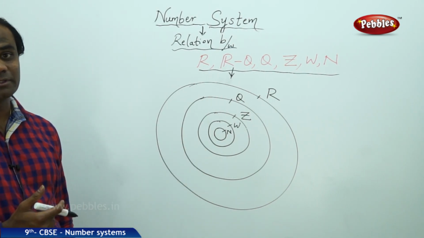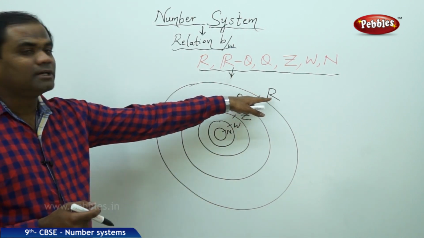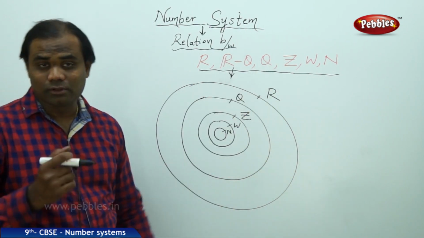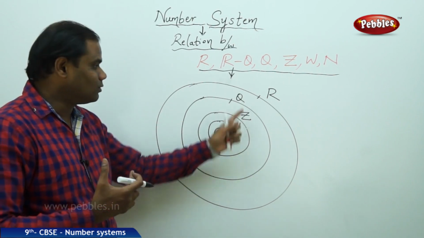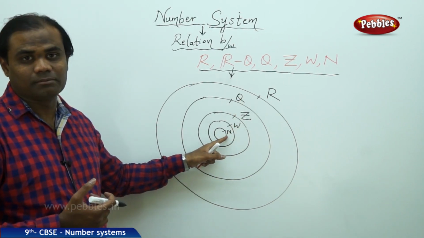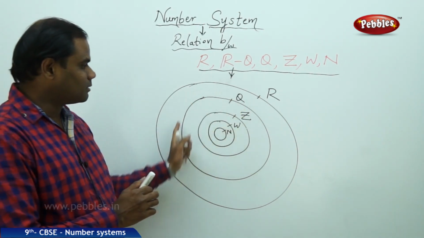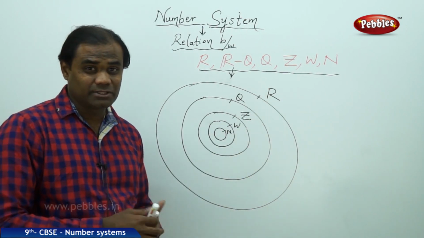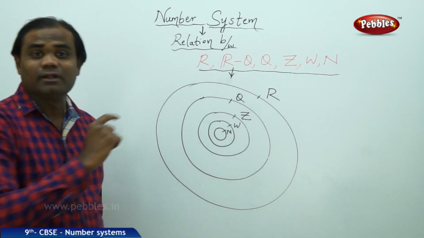Here I clearly understand that the bigger circle or the bigger set is R, so this is the mother of all the sets. Real numbers is the set through which all the numbers come out, and the least set is natural numbers. So all rational numbers, which are inside the circle of the real numbers, are part of real numbers.